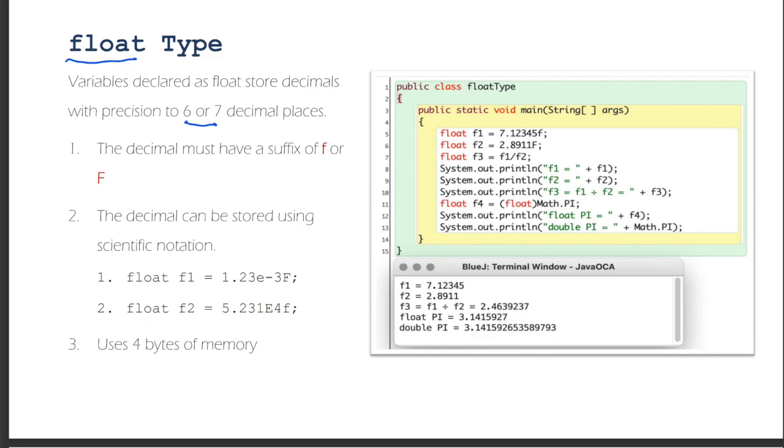The decimal must have a suffix attached to it, so it must end with a lowercase or capital F. The decimal can be stored using scientific notation, and just like the F could be lowercase or capital, the E could be lowercase or capital, and you should have been familiar with E notation with calculators. They use that representing an exponential base of 10. So this 1.3e-3 is the same as 1.3 times 10 to the negative 3 power.